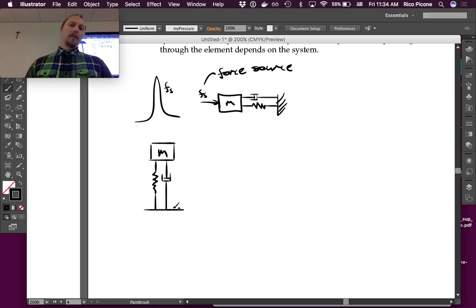You could think of this point right here as where the wheel meets the road, and so it could have some input velocity profile, Vs, which is considered the source.